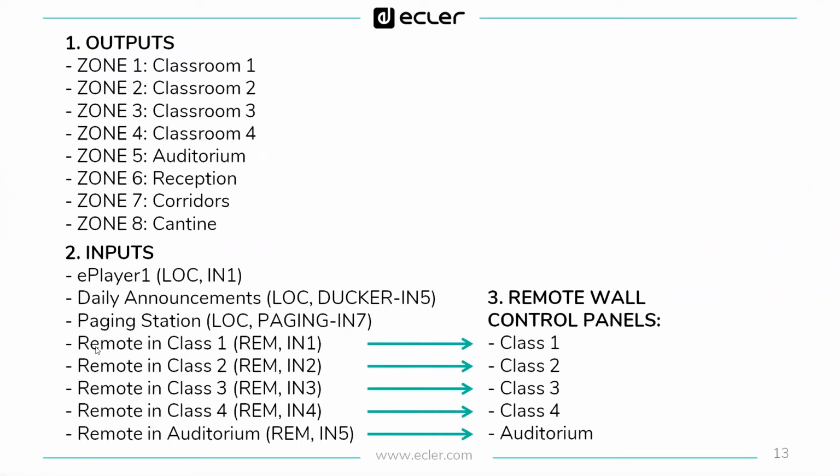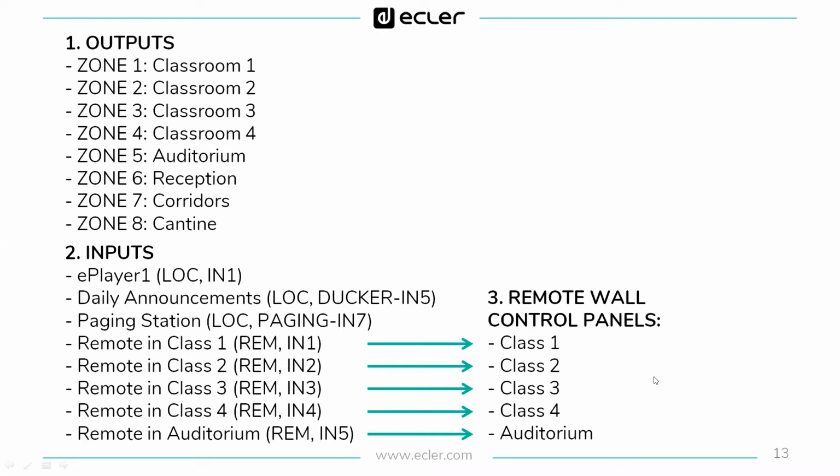Remember that with every remote control panel we would now have the EM control plus the WPA mix T. So in that Cat5 cable we have audio, whatever we connect to the WPA mix T, and control for the EM control to control that zone. This would be it with the physical control panels.